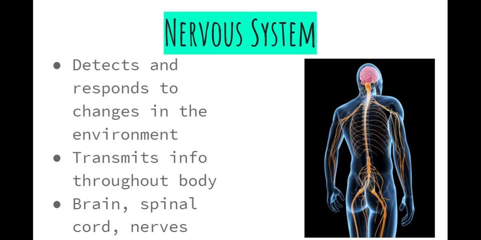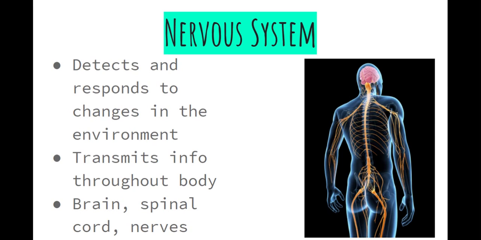That's all it is. So next we have your nervous system, and that detects and responds to changes in the environment. It transmits information throughout your body. And some pieces of the nervous system are the brain, the spinal cord, and the nerves. So you actually have a peripheral nervous system and your central nervous system.